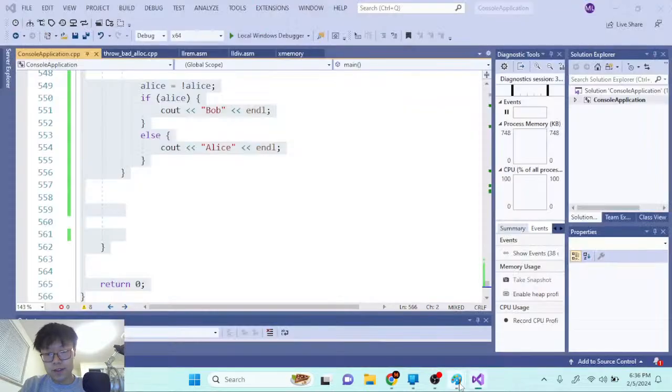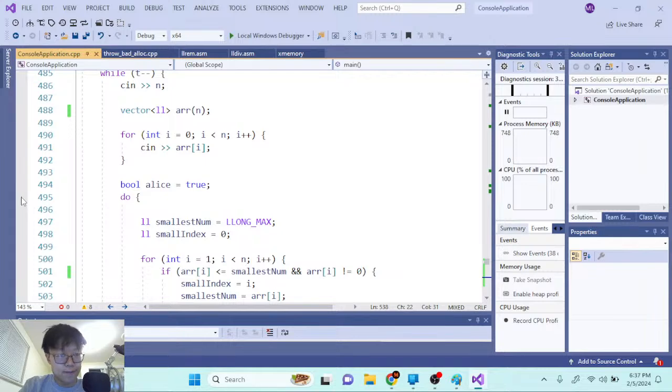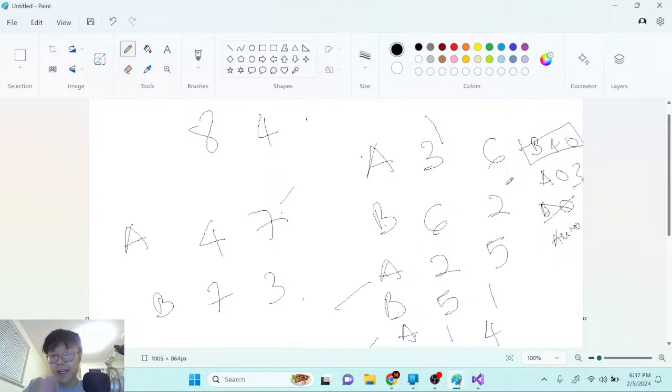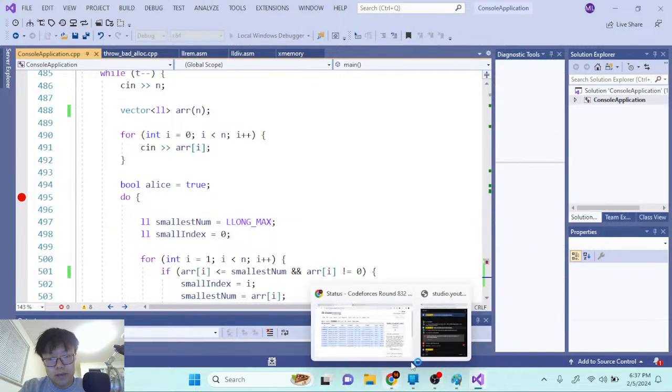I feel like if we get this 2-8-4 down, we should be able to do it. So at the end of Bob's turn, it should be 8-4-0, and then on Alice's turn we should get 3-0-3, and then on Bob's turn, if it reaches 0, Alice wins. Let's try to figure out why that's not working.